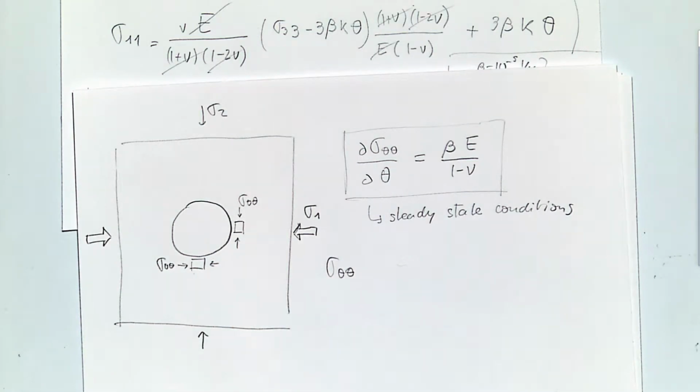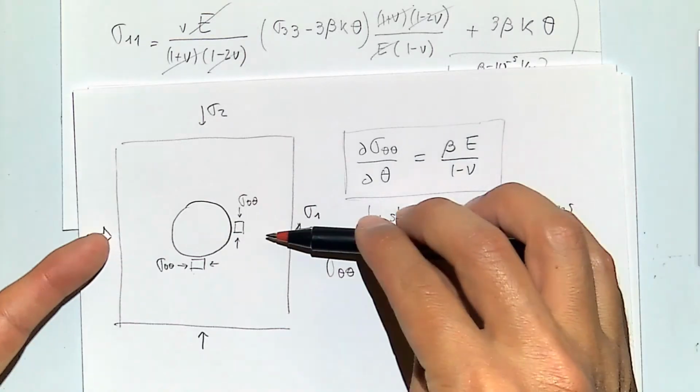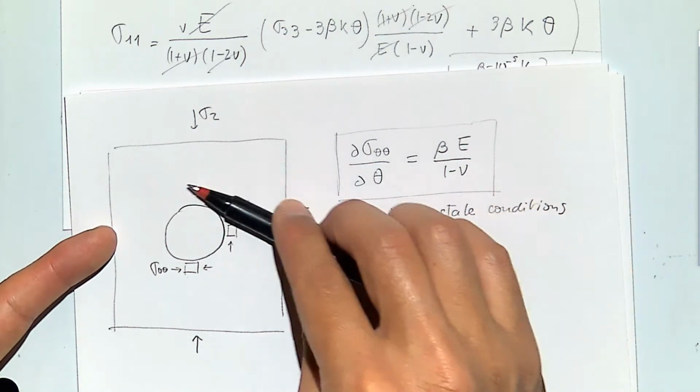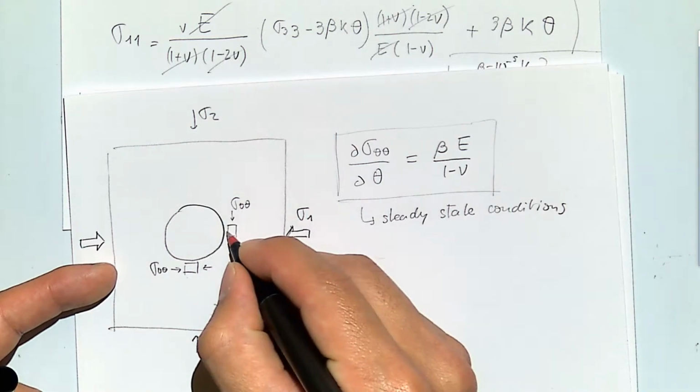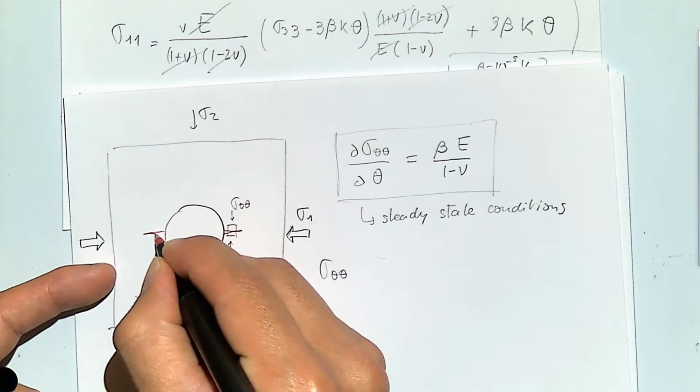The question is, where do you have the highest tensile hoop stress? In the top and bottom, or on the sides? Left and right. This is the maximum stress. So compressive stresses travel in this direction, and you're going to have tensile fractures that would initiate over there.